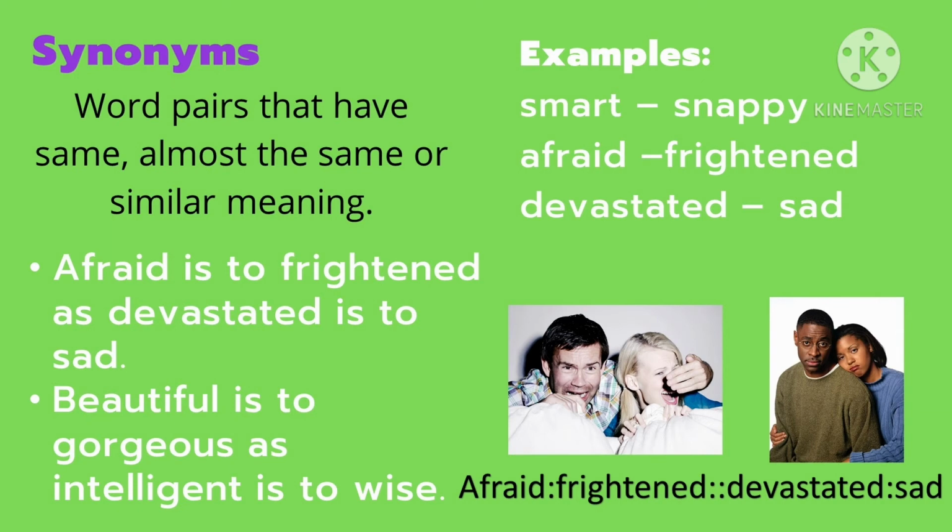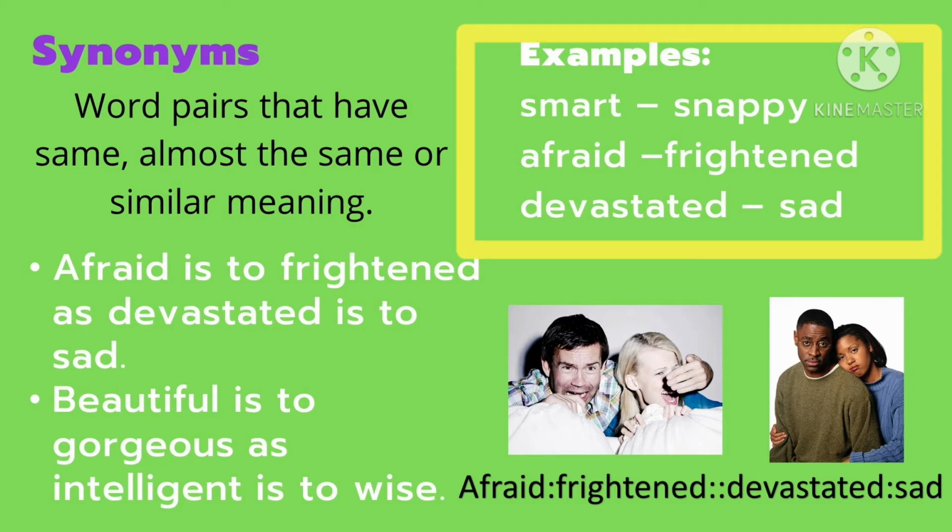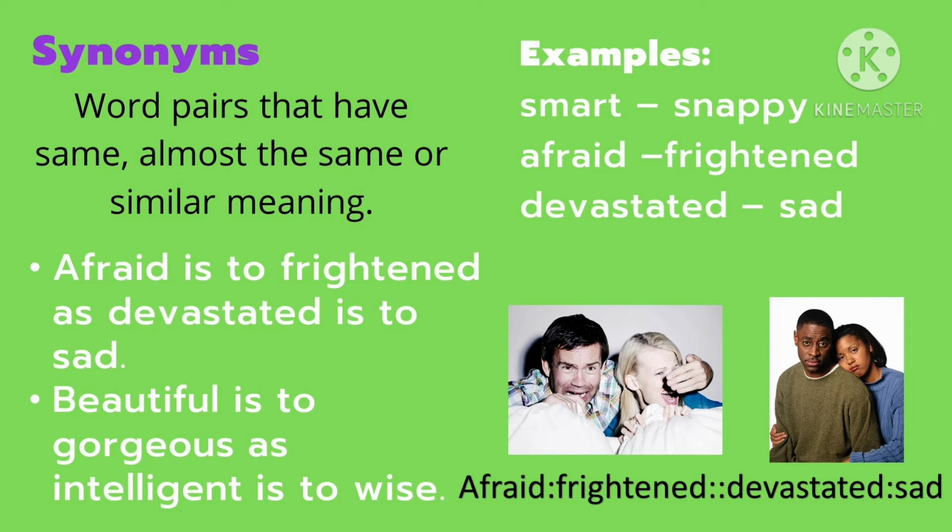Our second basis for the word relationships in an analogy is the synonyms. Synonyms are word pairs that have the same, almost the same, or similar meaning. Let us take a look at the examples. Smart means snappy. Afraid means frightened. Or devastated could also mean sad.